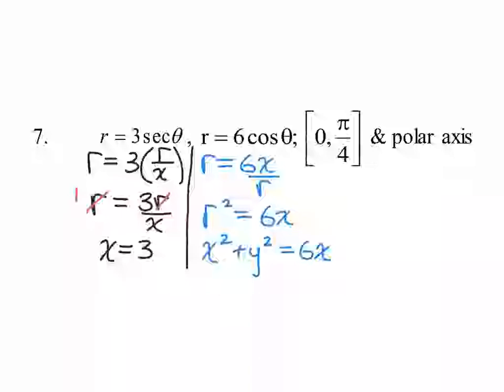Making a judgment as to what this is is a little iffy at this point. If you bring the 6x over, subtract it, leave a little gap to complete the square, and then complete the square, you're going to see what kind of figure this would be in rectangular form.